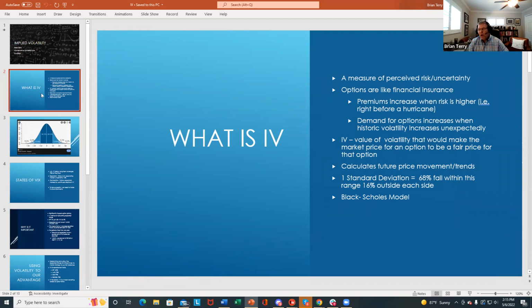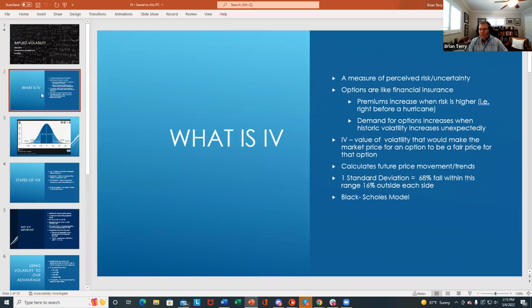After the market pullback yesterday, the VIX was up like 25%. So while the market was down 5%, the implied volatility was up 5 times that. So options are going to really be impacted by implied volatility.